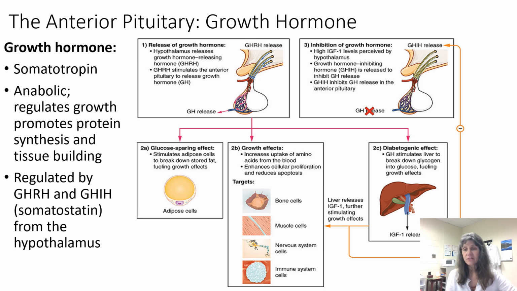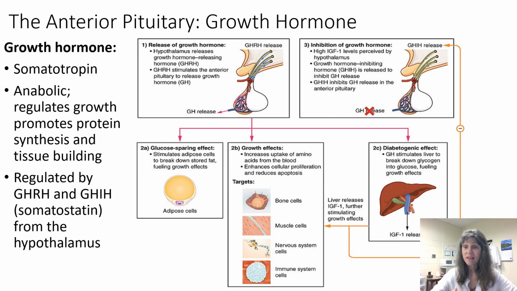Now, the liver also releases insulin-like growth factor 1, which further stimulates and enhances the growth effects on those target cells. At the same time, when the liver releases insulin-like growth factor 1, that acts to go back to the hypothalamus.